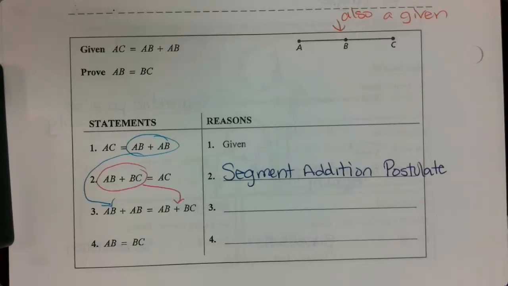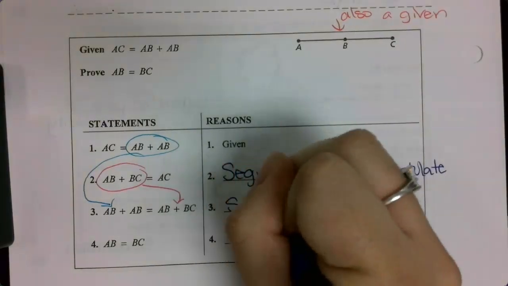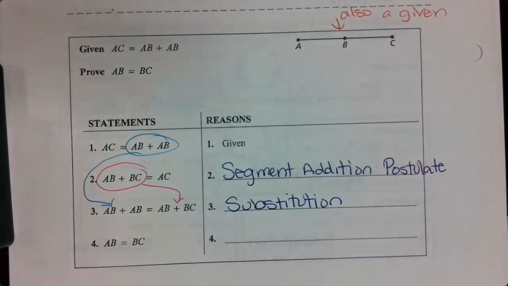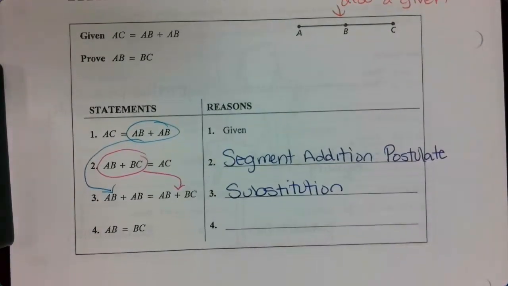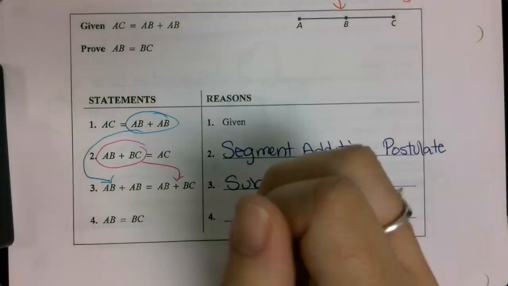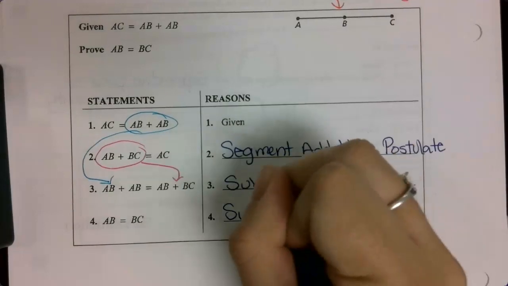When you replace something, substitution. Okay, and then from step 3, I go to step 4, which is AB equals BC. What did I do? Yeah, I subtracted, so that is my subtraction property of equality.